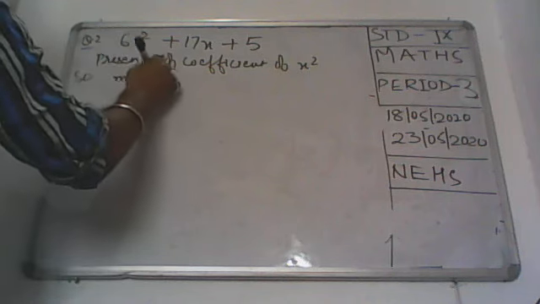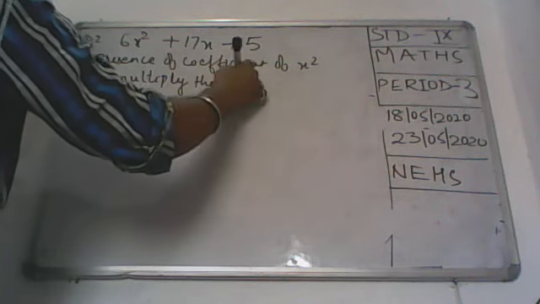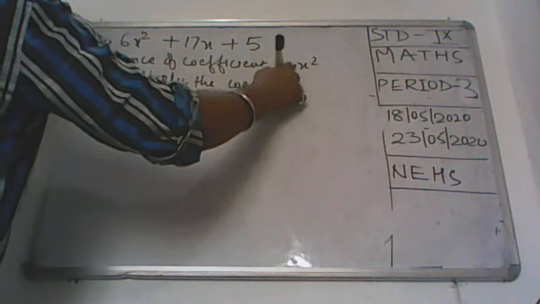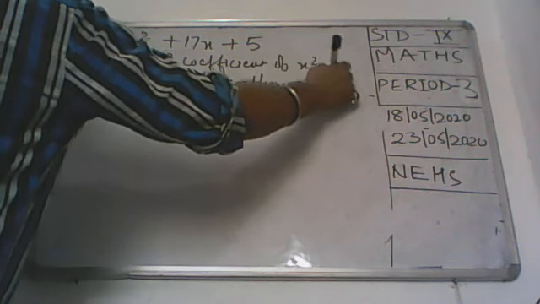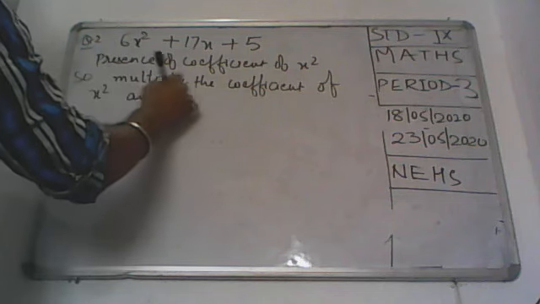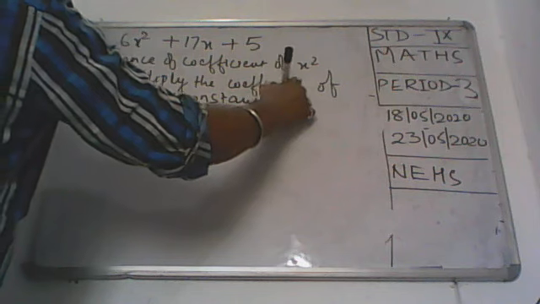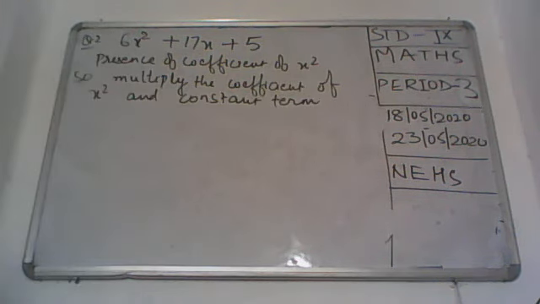multiply the coefficients of x square and the constant term. Okay, this is the way to solve this question.